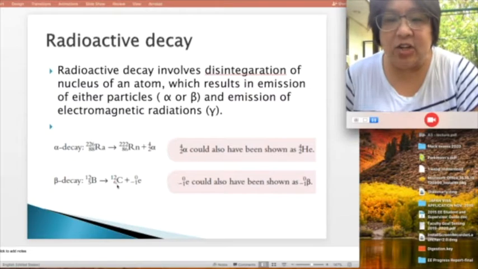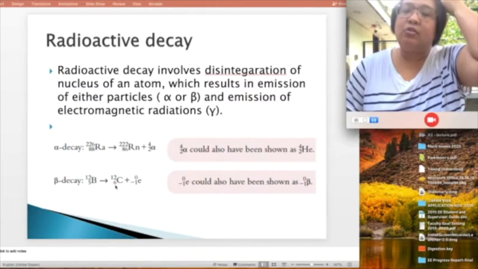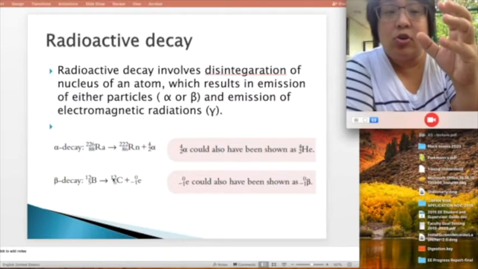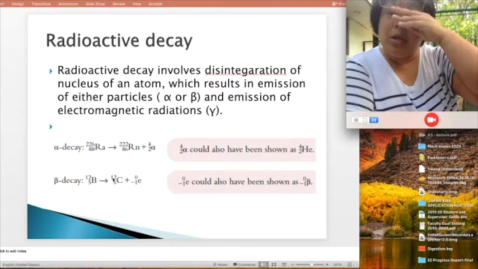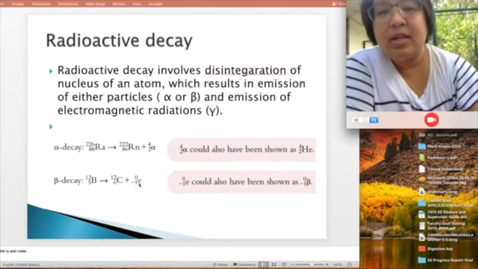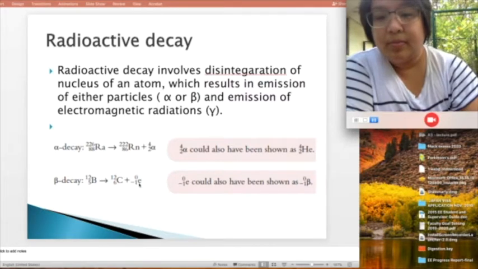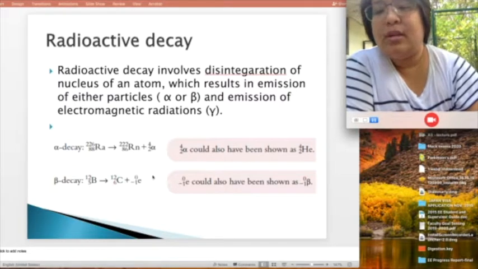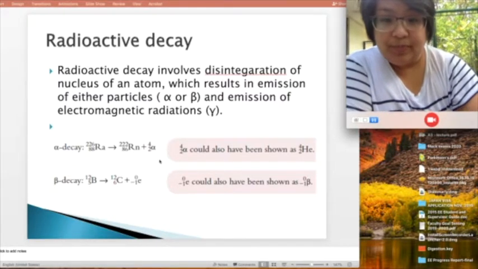So you have an additional proton, and the atomic number increases. It becomes carbon-12. The atomic mass stays the same because the neutron just transforms into a proton, and neutrons and protons have the same mass. At the same time you emit an electron. So for alpha decay you emit a helium atom, and for beta decay you emit an electron.